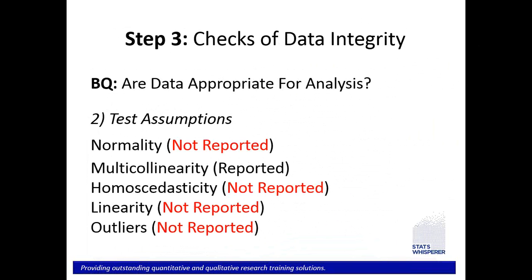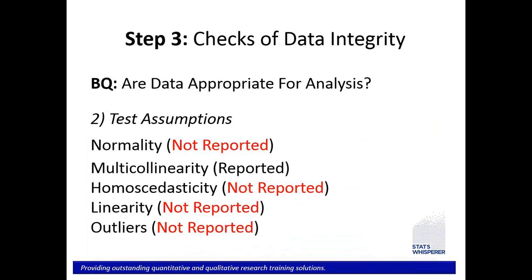So we need to assess if the distribution for, say, the outcome, attendance and services, is normal. However, that's not assessed, nor is it reported. Multicollinearity is reported, so that's good. It's actually mentioned, saying there were no problems. It didn't give a specific VIF factor, which would have been better.